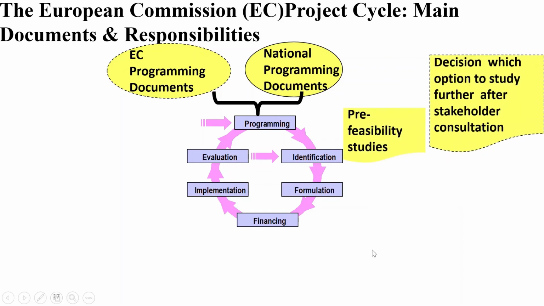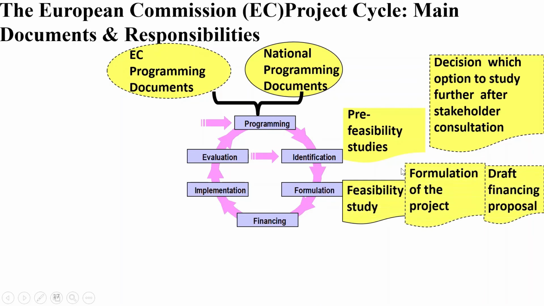And then in identification, there is first of all the pre-feasibility studies, and then a decision on which option to study further after stakeholder consultation. In other words, we can look at options 2, 3, 4 and select which project is feasible in consultation with stakeholders.